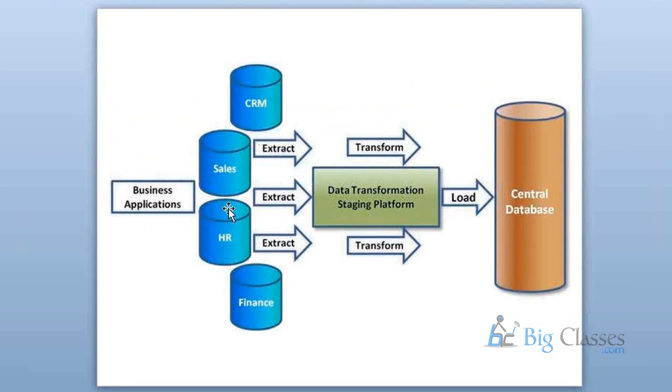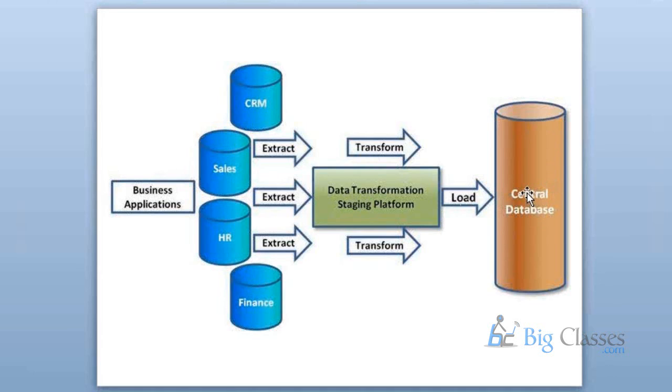The data that exists in multiple OLTP systems, I'm extracting the data, and I'm transforming the data, and I'm loading the data into a very big database, which we call a data warehouse.